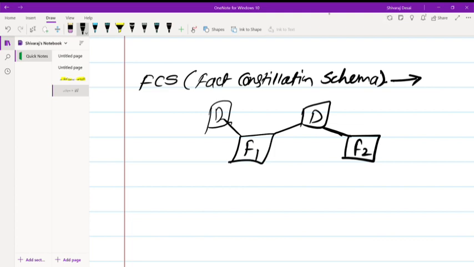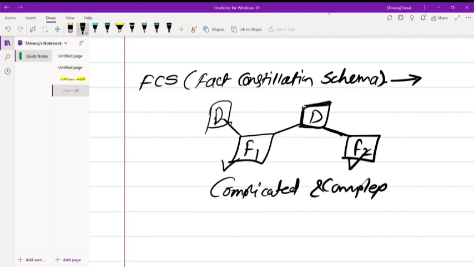So the overall architecture has more than one fact table sharing the same dimension tables between them. The design is complicated and complex because of this sharing of dimension tables between two or more fact tables. That's why it is called a fact constellation schema.